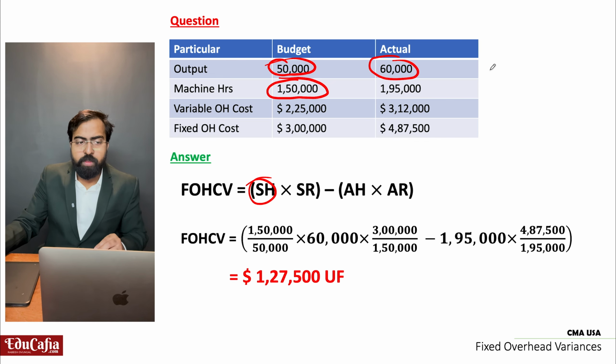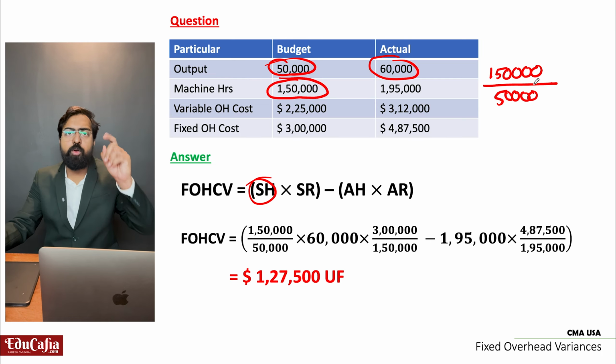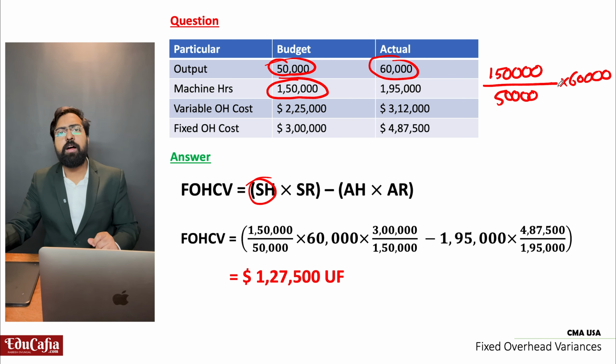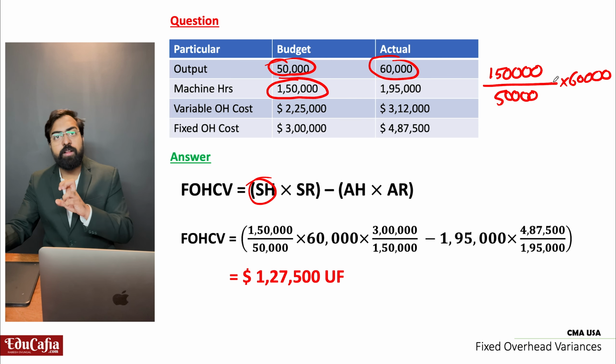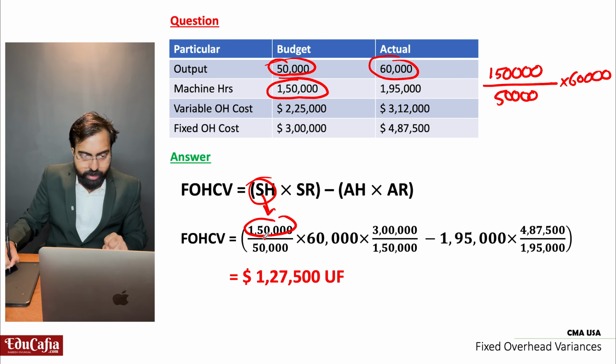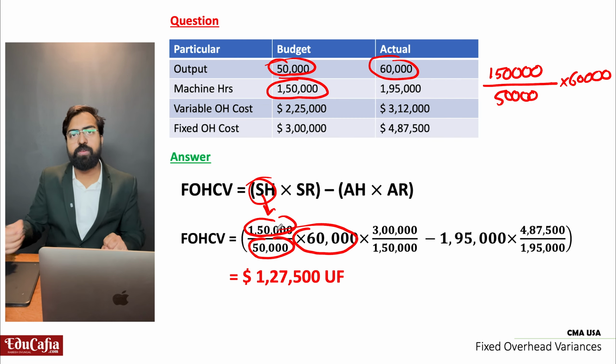So 1,15,000 is budgeted for 15,000. If you divide, you will get for one output how much it is. Then we can multiply with the actual output, then we will get for 16,000 what is the standard one. So standard hour is equal to 1,15,000 divided by 15,000, multiplied with 16,000.